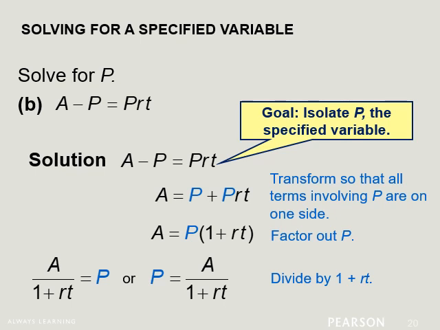So you're trying to figure out, I know how much money I have in the bank right now, and I know my rate, and I know my time. I want to find out how much I started with, so I can figure out how fast it grew. So P is going to allow me to tell you how much your value increased over time.